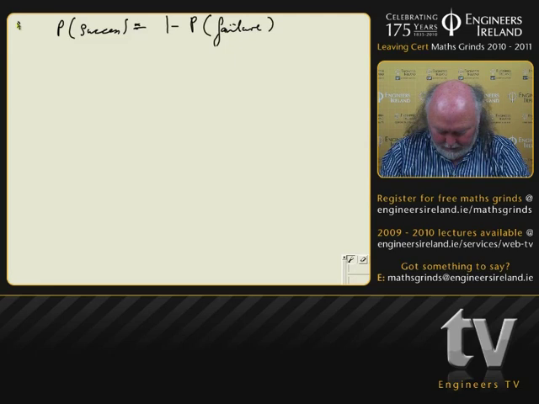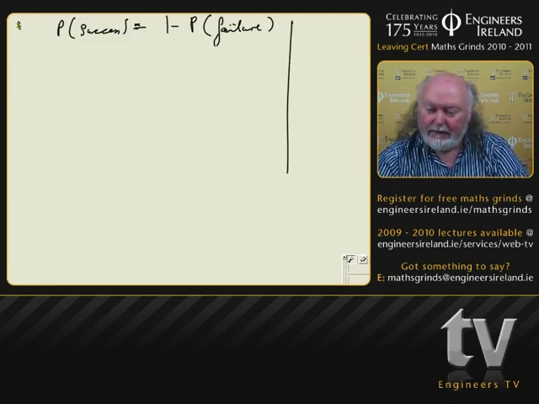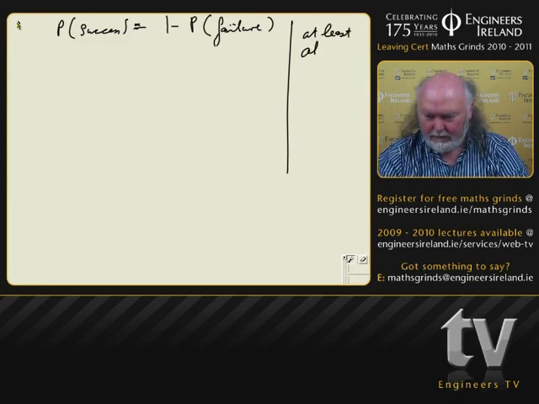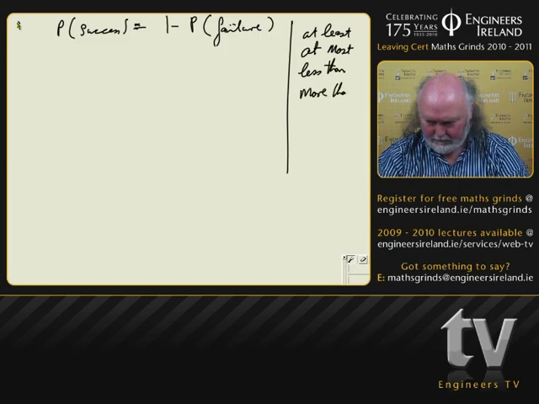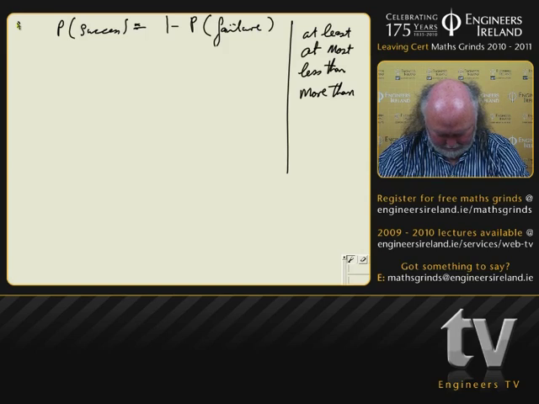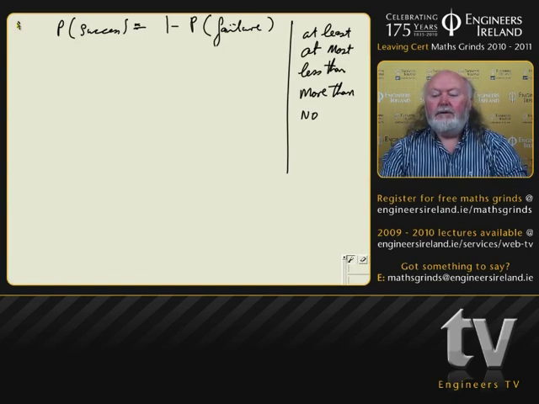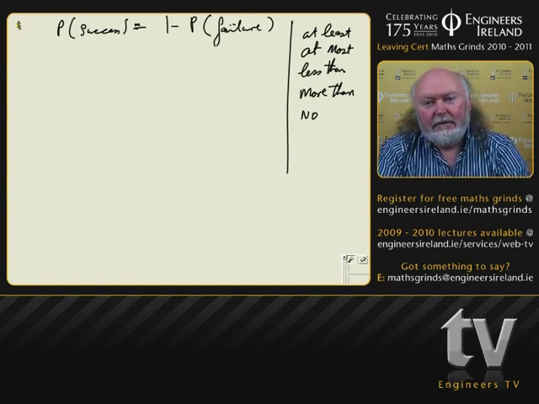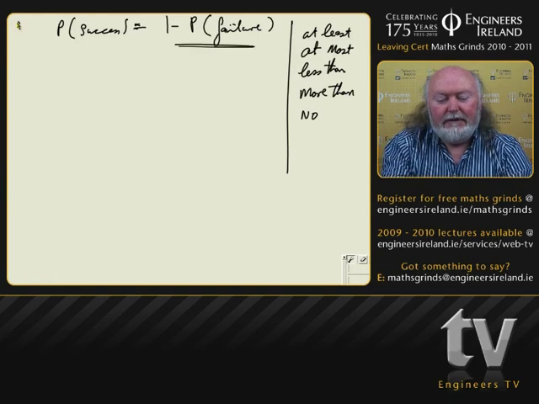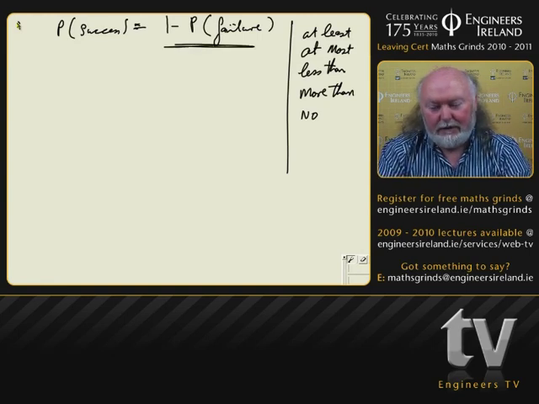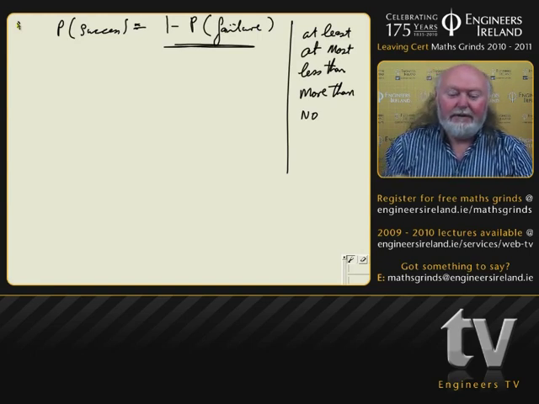It's the situation where you have got words such as at least, at most, those are the kind of words. And this is often a way of finding the shorter way of solving the problem. We'll pick an example.